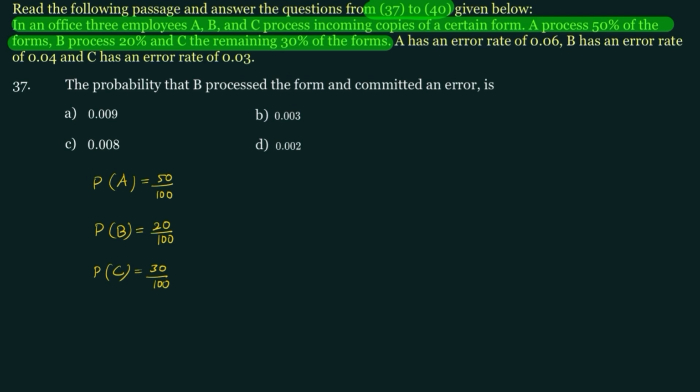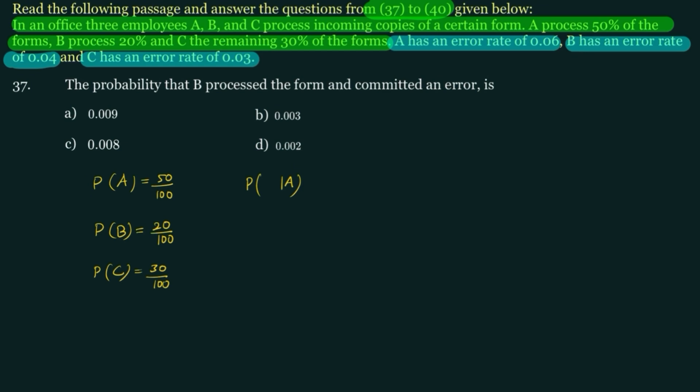Now let us read the second part of the question. A has an error rate of 0.06. So if the employee A has processed the form, then the chance of making an error by A is 0.06. Similarly, B has an error rate of 0.04 and C has an error rate of 0.03. So this is a kind of conditional probability.